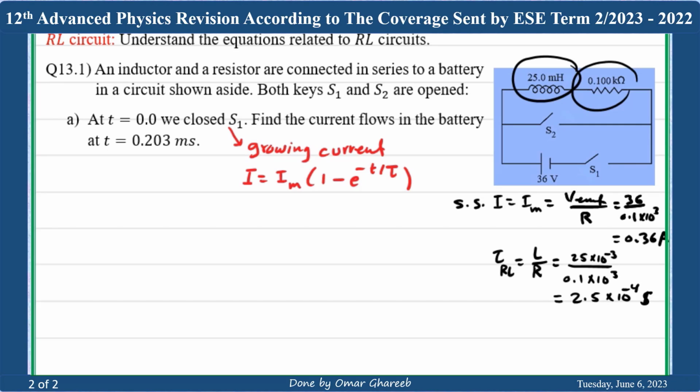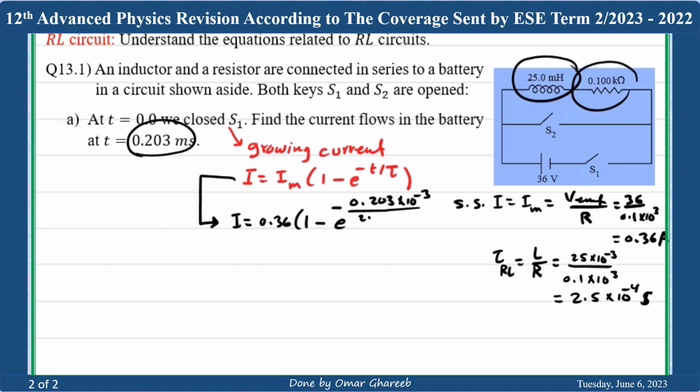Do I need something else? I don't think so. Now substitute here. I equals I maximum, it is 0.36 times 1 minus e to the minus the time needed, 0.203 millisecond, 10 to the minus 3, divided by tau.